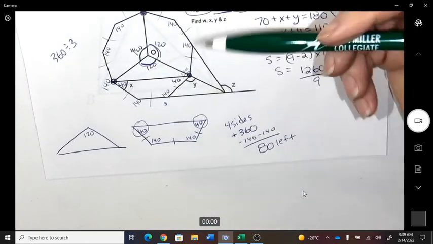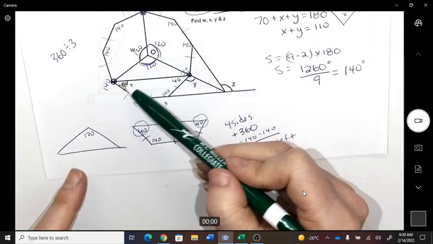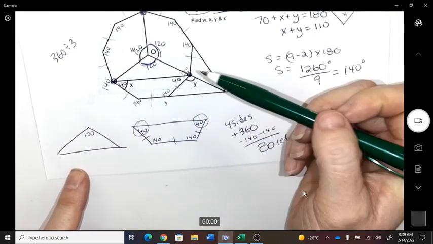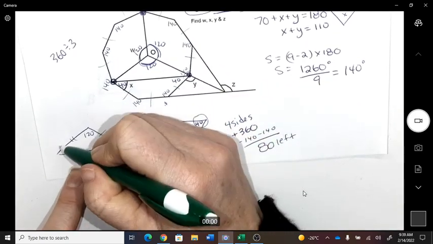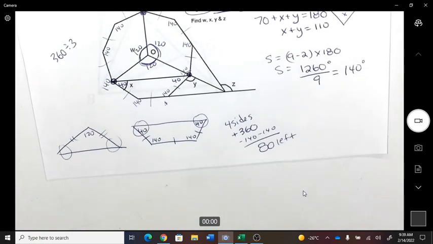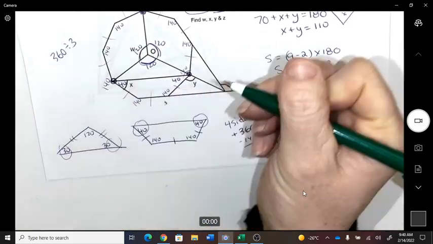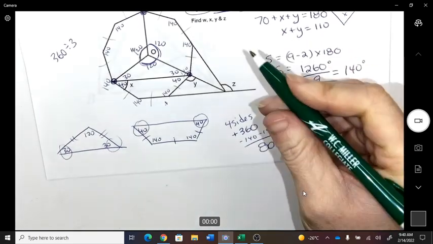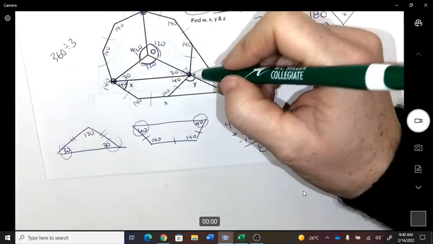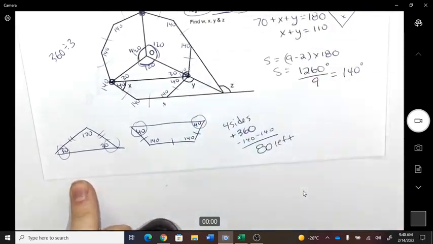Okay, now I can see this triangle. I'm taking this triangle right here, 120. Can you figure out those angles in that triangle? So that is 30 each. We know all those add up to 140.